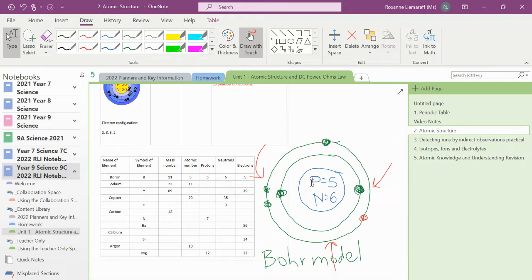So when I was drawing this, I started off by drawing the first shell. I filled it up with 2 electrons, 1 on each side. Then I drew a second shell because I had 3 electrons left. What I tell my students is to draw those electrons in pairs. So I've got 2 in the center, 2, 3, 4, and then I have 1 left over.